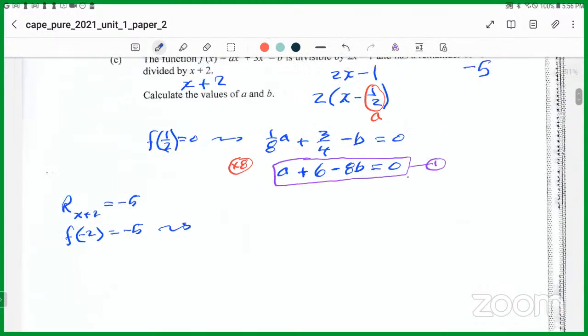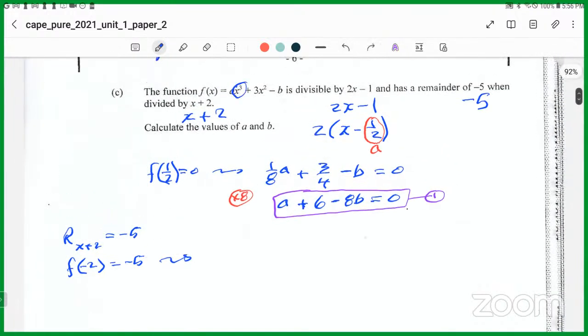I'm going to plug the negative 2 in here now. The negative 2 cubed is negative 8, so I'm going to get negative 8a. The negative 2 squared becomes a positive 4. 4 times 3 is 12. This is minus b again. And that is now equal to negative 5.